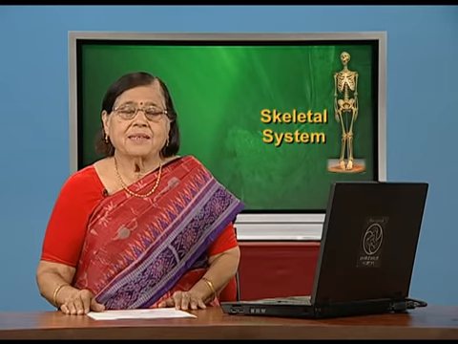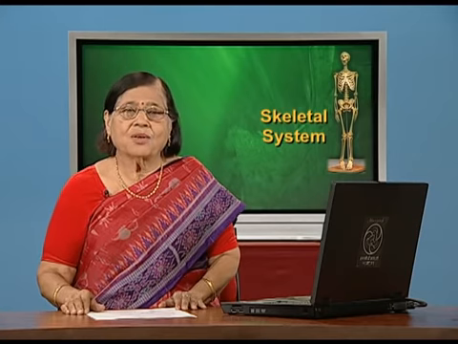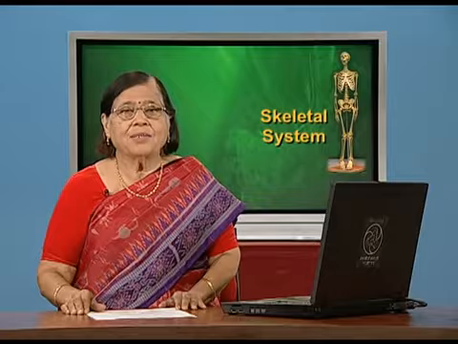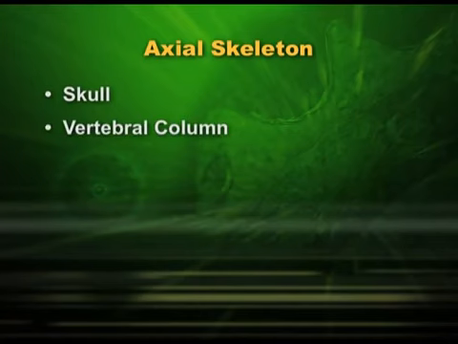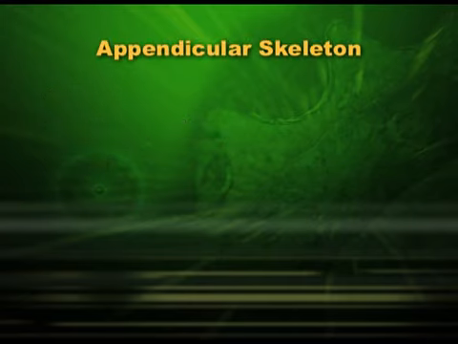The axial skeleton, which makes the axis of our body, includes the skull, vertebral column and the rib cage, and the appendicular skeleton includes the girdles and the limb bones.